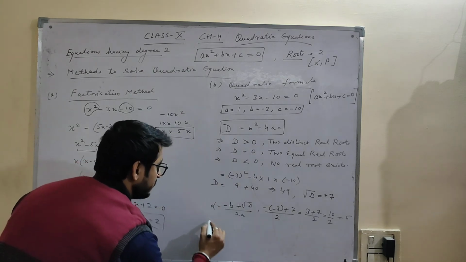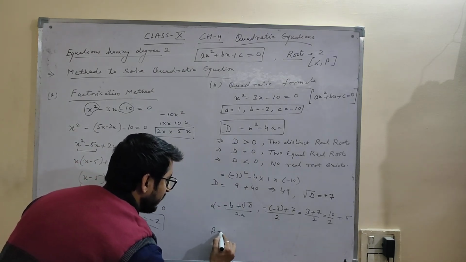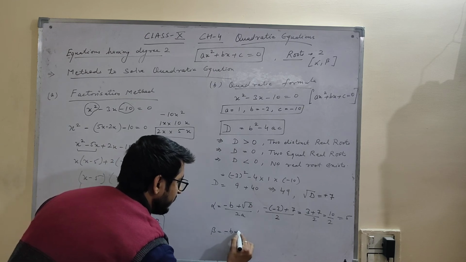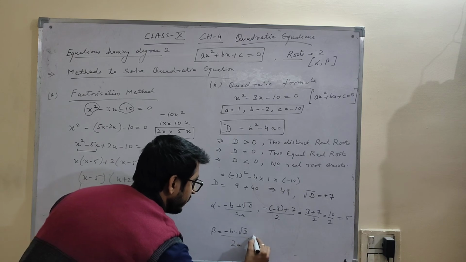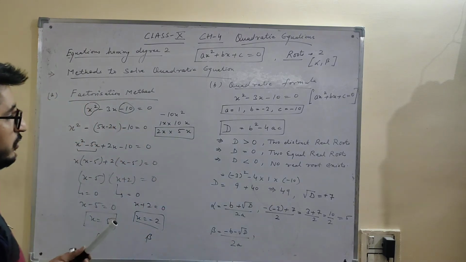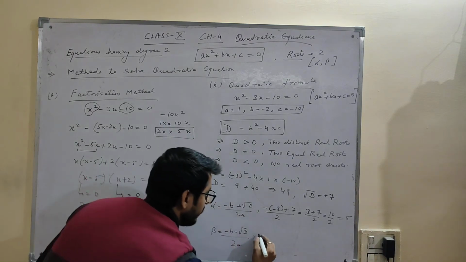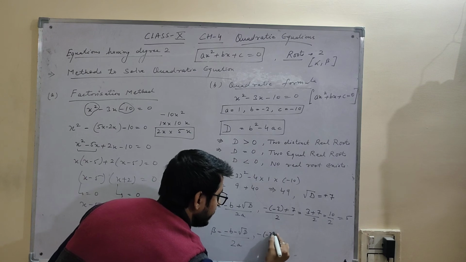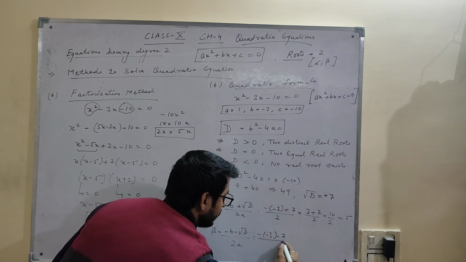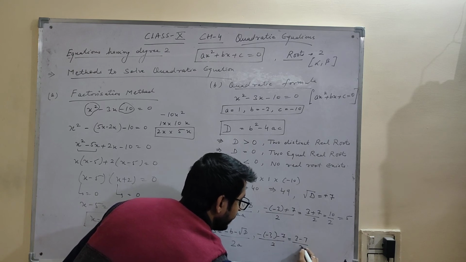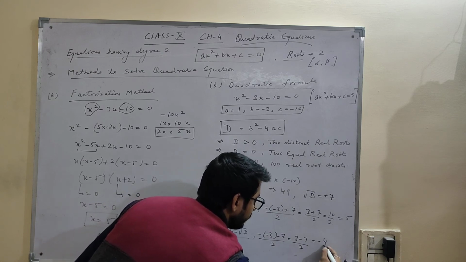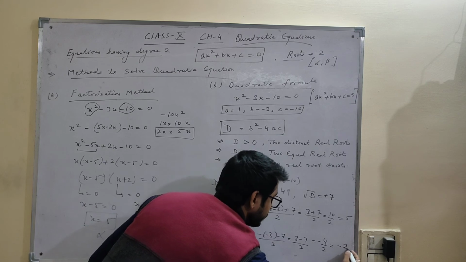To find the other root, that is beta, you will get minus b minus root D upon 2a. Putting in the values, minus of minus 3 minus 7 upon 2, which will give you 3 minus 7 by 2, that is minus 4 by 2, that is minus 2.